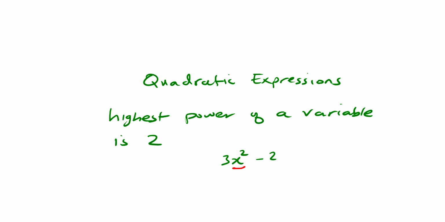Okay, but let's look at what typically a quadratic expression is. For something to be a quadratic expression, it must satisfy 2 other criteria apart from the highest power of the variable being 2. So what are these 2 other criteria?